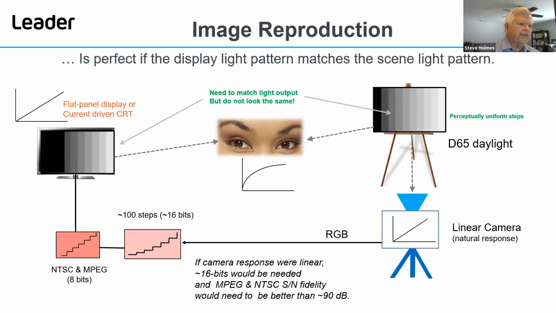What gamma curves are all about is if we were to shoot video absolutely linear and try to reproduce that video on the other side in order to get the full effect and be able to see exactly what was shot with all of the detail, and in this case to get about 100 steps or 100 gradations, it would take 16 bits of data to be able to get about 100 steps of definition.